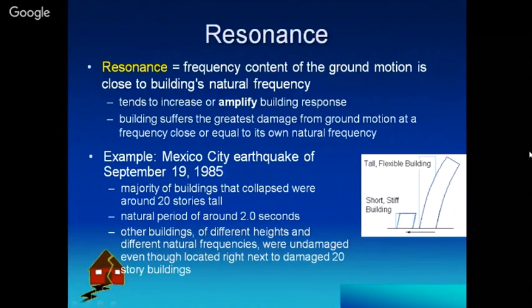And the example is being shown using the 1985 September 19 Mexico earthquake, in which the place where the earthquake took place had a natural period of around 2 seconds, and the majority of buildings that collapsed were around 20 stories tall. That means it is not always that, as we presume, wherever the earthquake occurs at the epicenter, there is more damage.